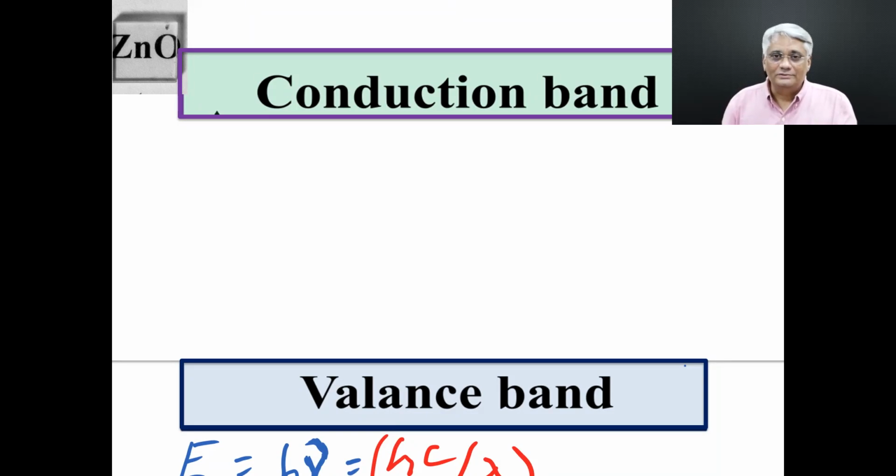It has many applications. What you see here is a thin film of zinc oxide grown on a substrate, just a glass substrate. To show the transparency, this small piece of glass substrate on which zinc oxide is grown is kept on the printed letters "zinc oxide".